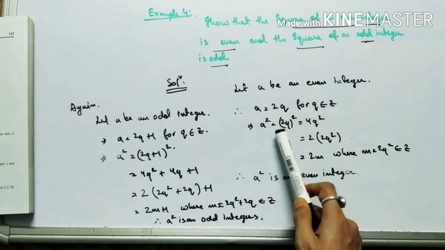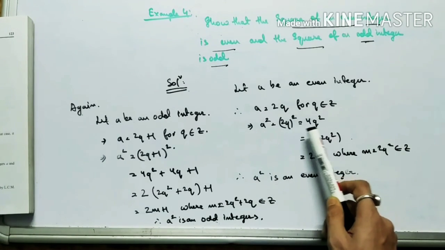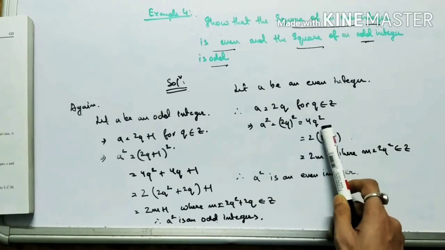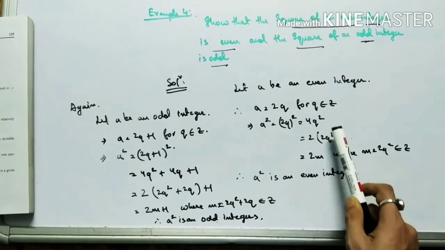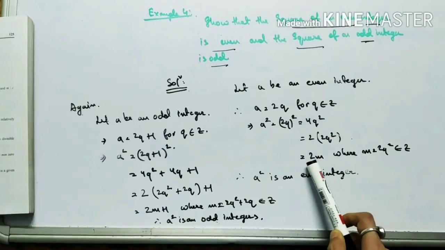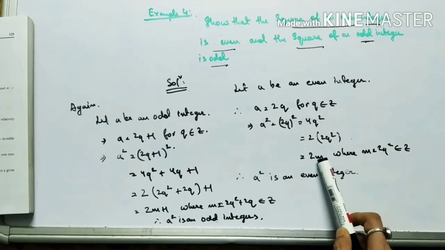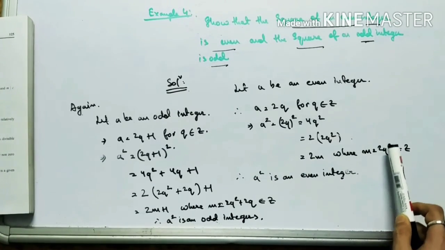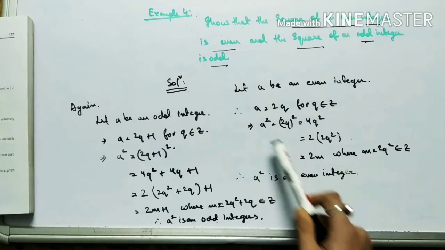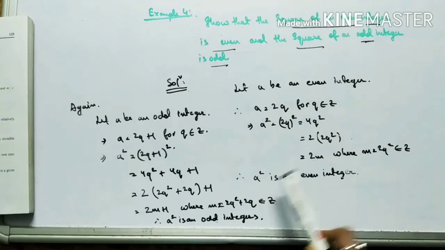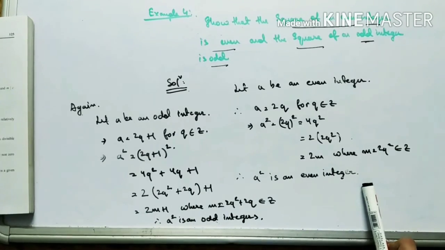So a square is equal to 2q the whole square, which is 4q square. Now I can write this as 2 into 2q square, and consider 2q square as m. So a square became twice m, where m is equal to 2q square belongs to Z. Therefore a square is an even integer.